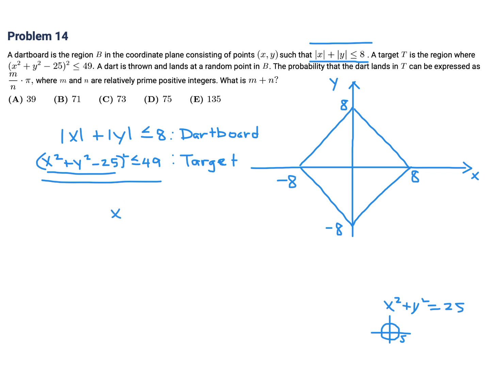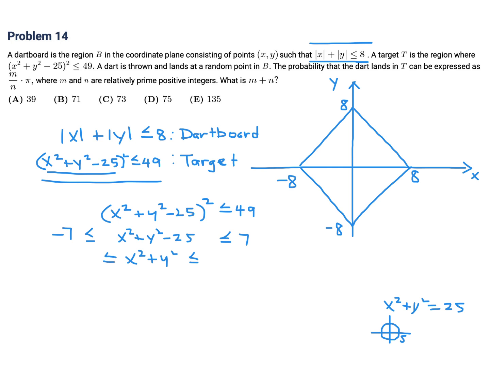If x squared plus y squared minus 25, all squared, is less than or equal to 49, if we take the square root of both sides, then that would be 7 and minus 7, and x squared plus y squared minus 25 in the middle, and then put the 25 on either side, and that would be 32 and 18.